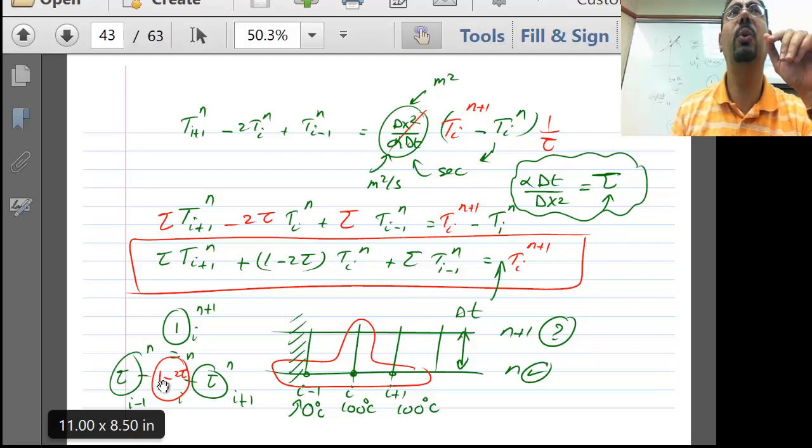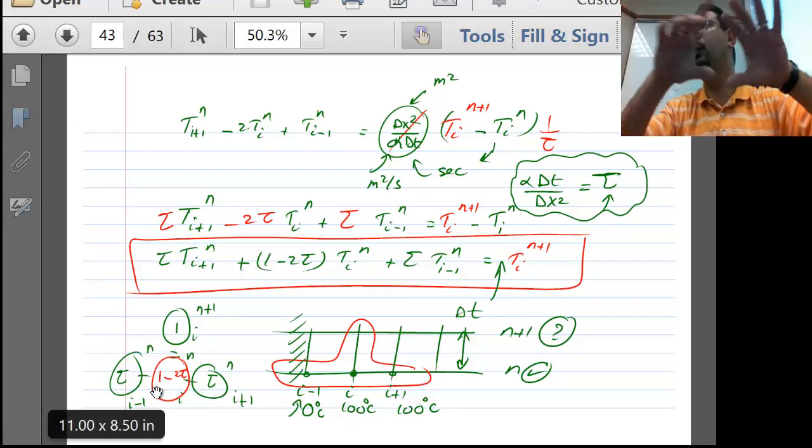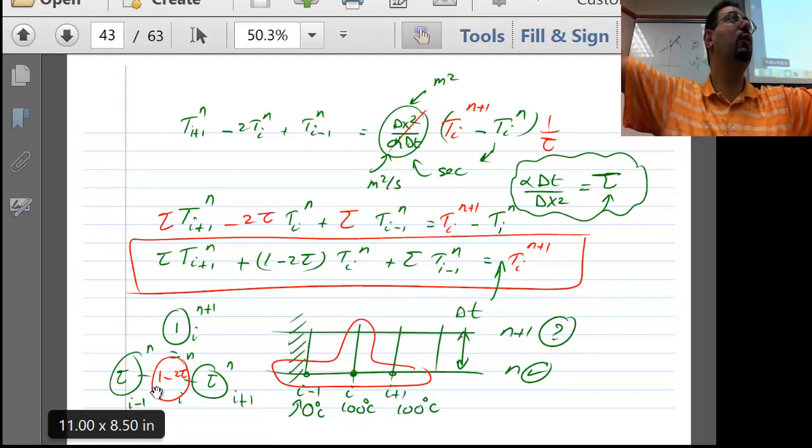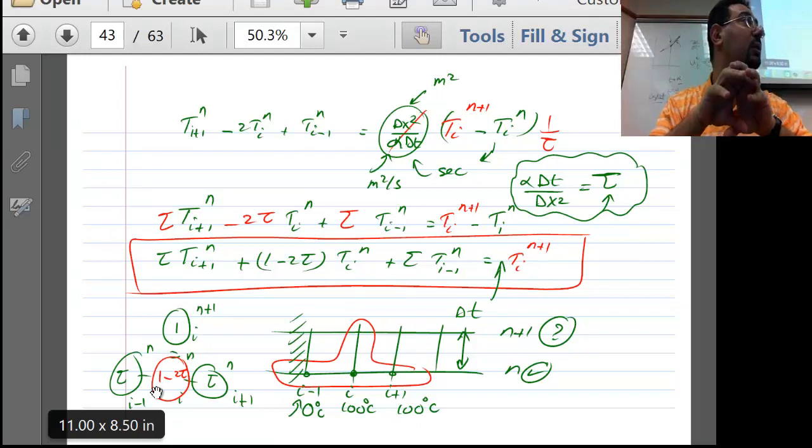That's 1 minus 1.2, which becomes minus 0.2. So 0.6, 0.6, and minus 0.2. Again, the formula is done so that you have 1 at the end of the day. So 0.6 of this guy and 0.6 of this guy, and minus 0.2 of your initial temperature. Your initial temperature is multiplied by minus 0.2.